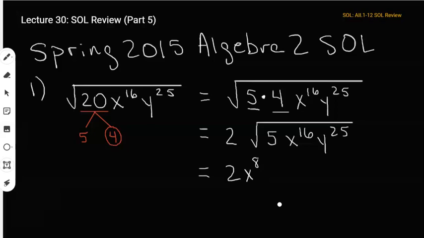So what are we thinking? 12, right? I'm going to take out 12 y's. And I know that's going to be correct because what's 25 divided by 2? 12 remainder 1. So what that means is I'm still going to have a remainder left inside the radical.